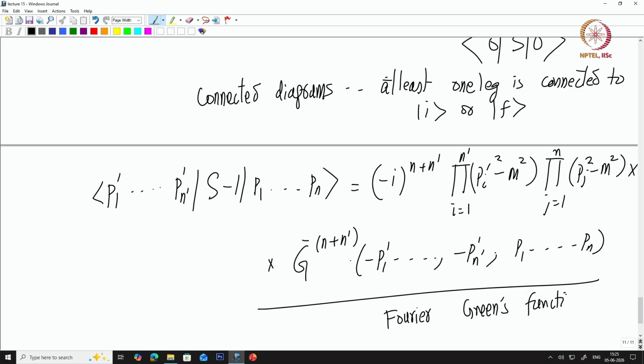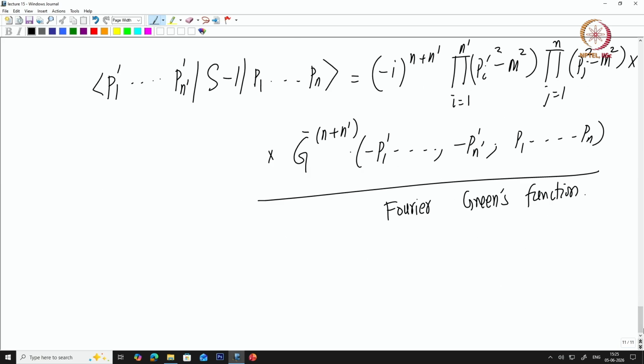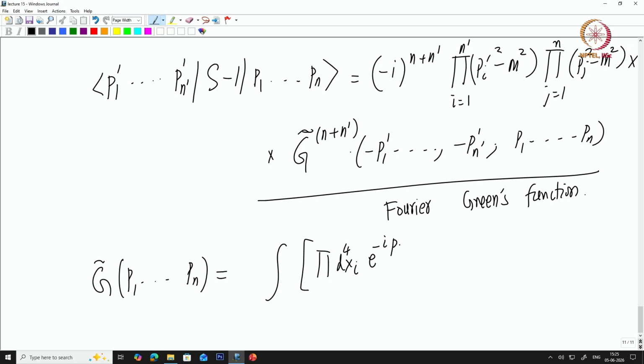That means G of p1 to pn is equal to the integral of the product of d4 xi, e to the power i pi xi, i equal to 1 to n, times the Green's function G n of x1 to xn.